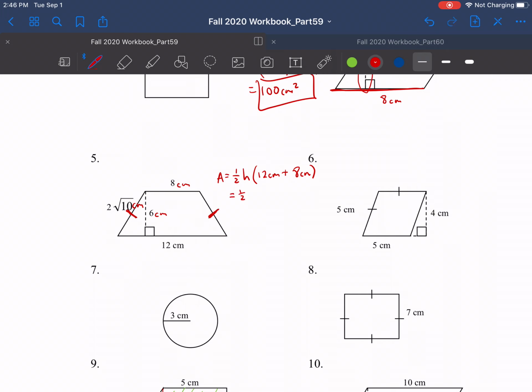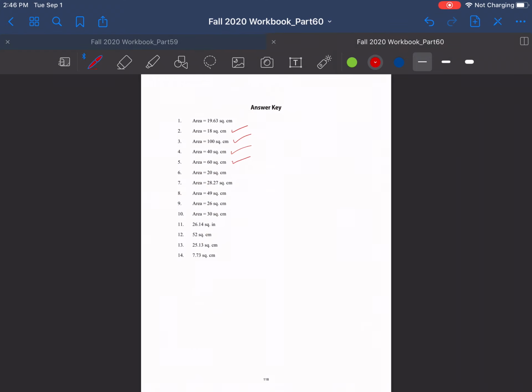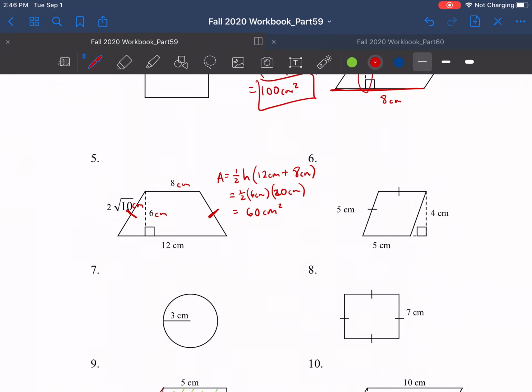So this is 1/2, the height is 6 centimeters, times our 12 plus 8 is 20 centimeters, and half of 6 is 3, and 3 times 20 is 60 centimeters, times centimeters gives us centimeters squared. So for number 5, 60 square centimeters, or 60 centimeters squared, that works for us.